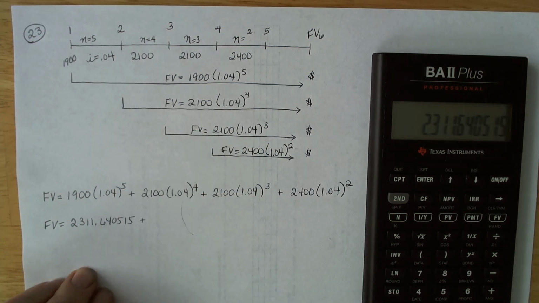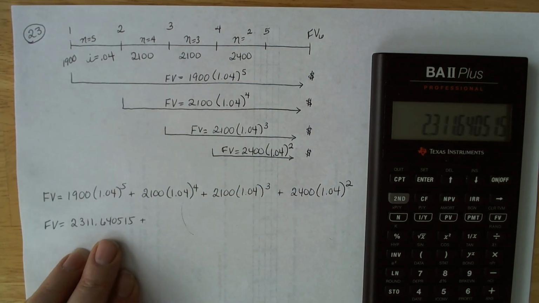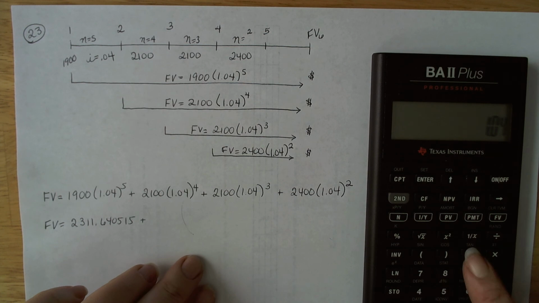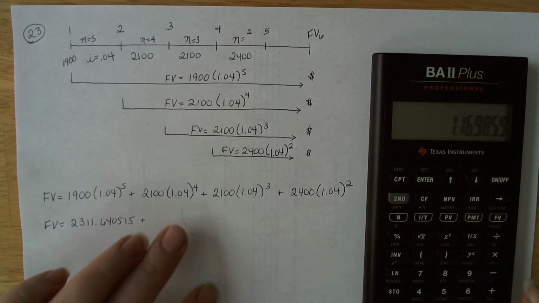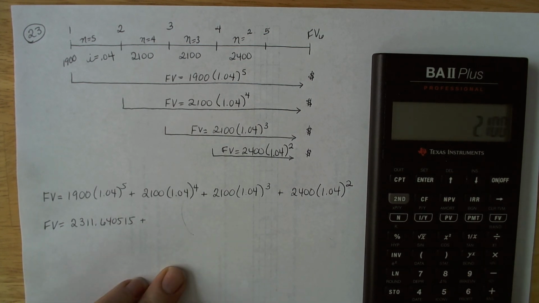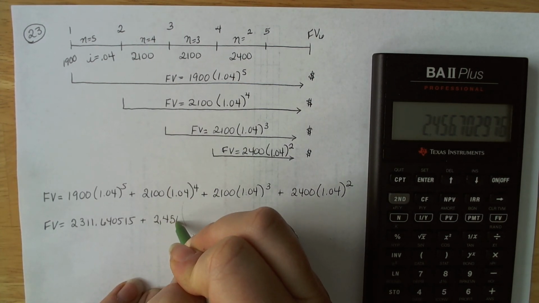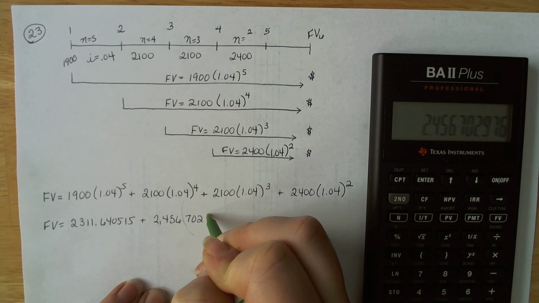The only reason I'm writing all of these out is because your answer will be more accurate if you round at the end. So then 1.04 y to the x, 4 y to the x, times 2,100 gives us 2,456.702976.